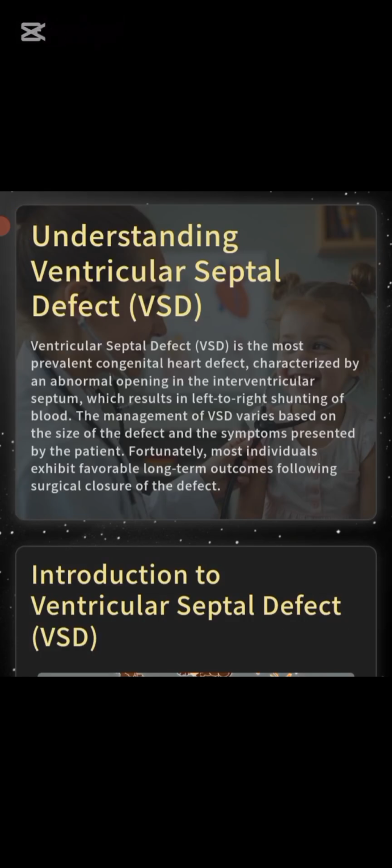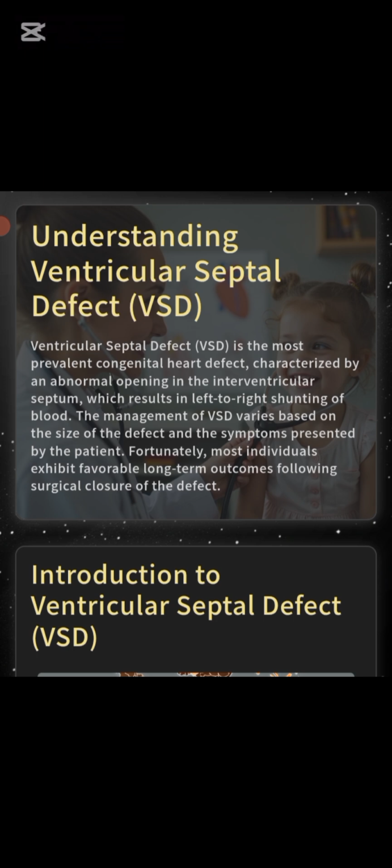Today we study VSDs, their types and the parameters of size. Understanding ventricular septal defect: it is the most prevalent congenital heart defect, characterized by an abnormal opening in the interventricular septum, which results in left to right shunting of the blood.